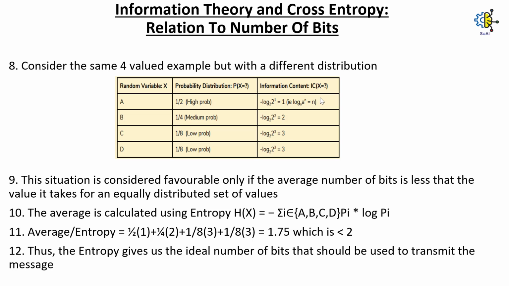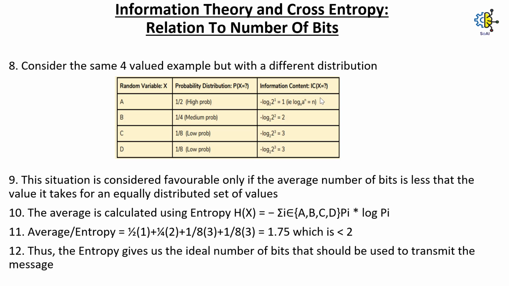Similarly, for random variable C, the probability distribution is 1/8, which is low probability, and IC is 3. And for random variable D, the probability distribution is again low, which is 1/8, and the IC here is 3. This situation is considered favorable only if the average number of bits is less than the value it takes for an equally distributed set of values.